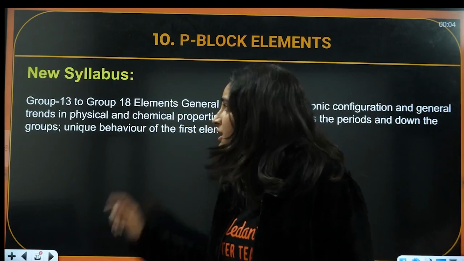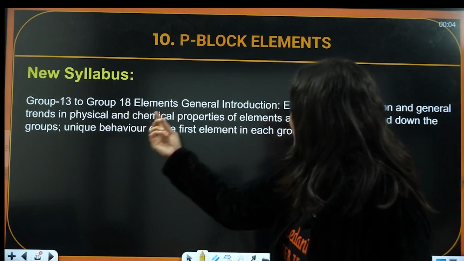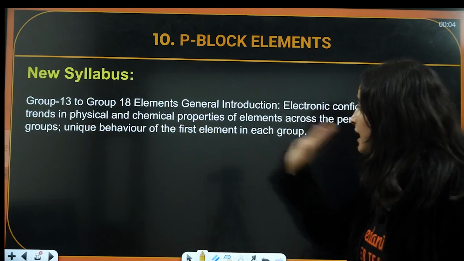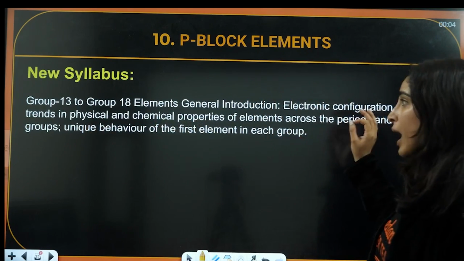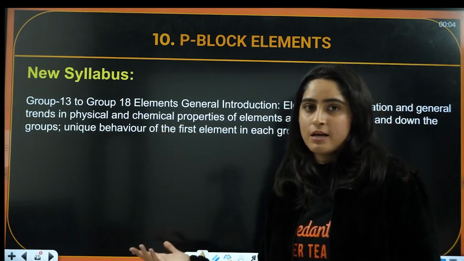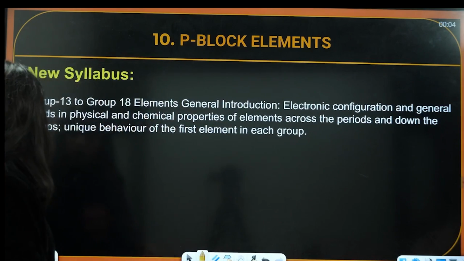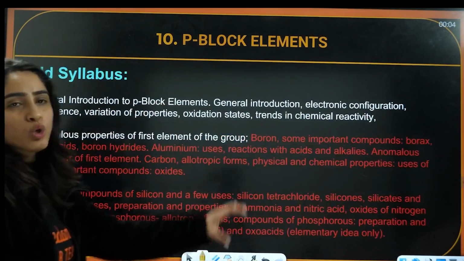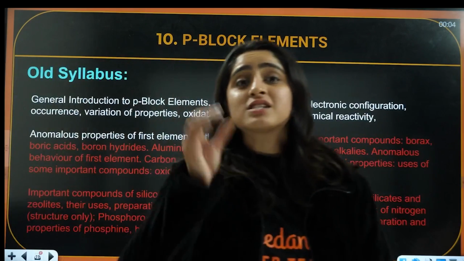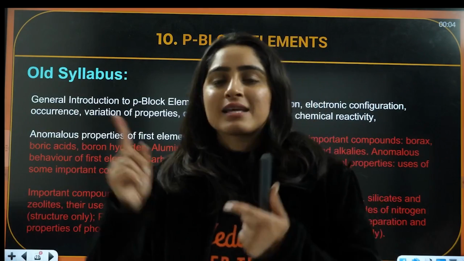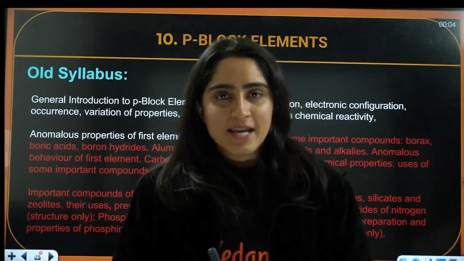They have just mentioned that you need to do group 13 to 18, the electronic configuration, general trends, physical and chemical properties. Then you have to do the unique behavior of first element. That's it, nothing else. But still, I would advise you, please just go through these compounds, at least the structure of these compounds, because these structures can be asked in chemical bonding as well, right?